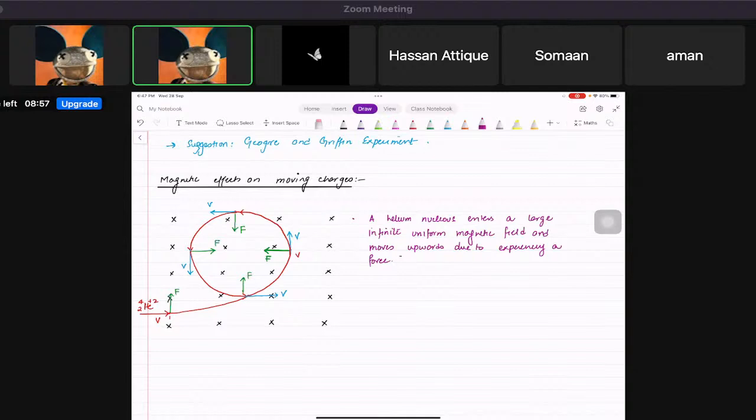And how do I know this force is being experienced? Because of, according to Fleming's left hand rule. Got it?